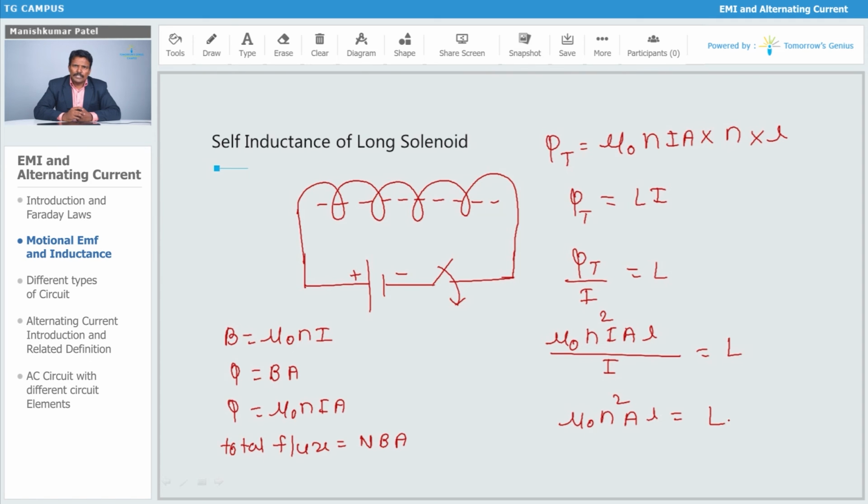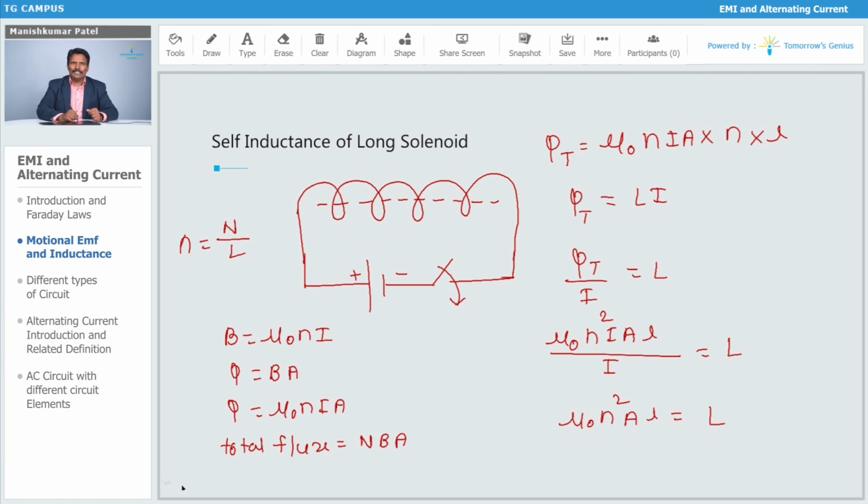Instead of that n squared, you can also write it in terms of capital N, the number of turns, and the total length.